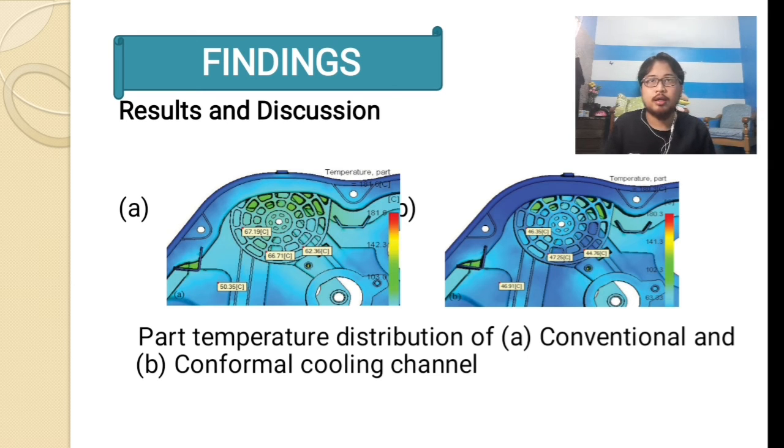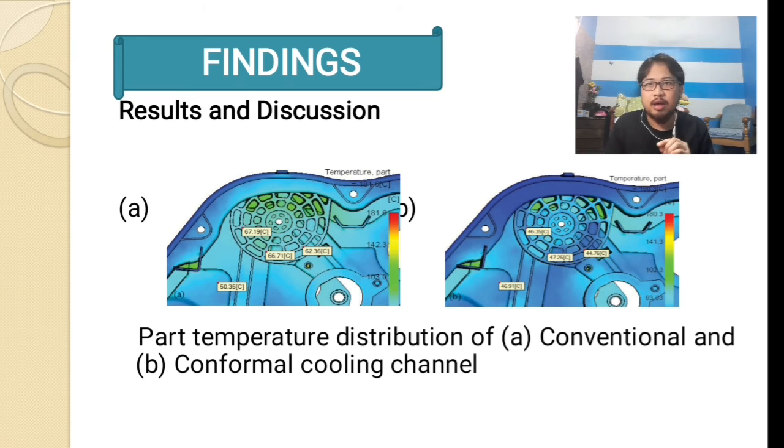The figures show the simulation result of the conformal cooling channel, which gives a better temperature distribution than the original cooling channel system. We can see that the average temperature of the part with the conformal cooling channel is lower than with the conventional cooling channel.